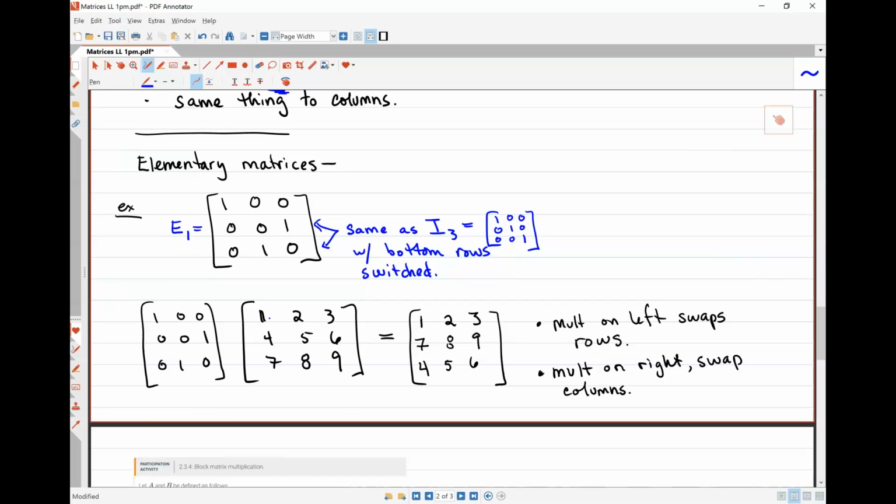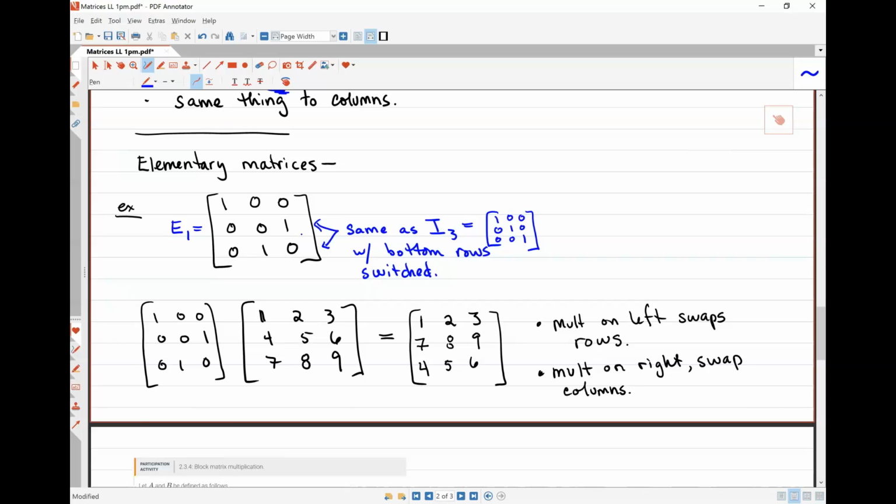So if I had a 3-row but 10-column matrix and multiplied on the left by this thing, it would do exactly the same swapping of rows of that bigger matrix. Oh no, yeah. So E1 and I3 are not the same. I just wanted to point out that this looks like the identity matrix with the bottom 2 rows swapped.